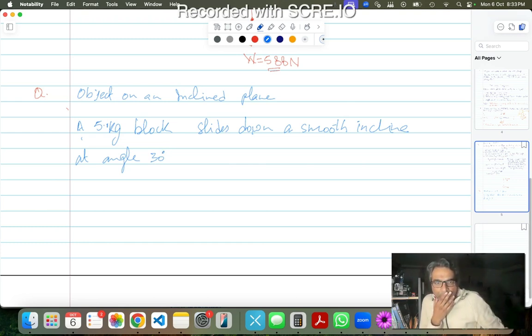So now let's do something which we haven't done before. I'm drawing an incline slope. So let's say this is an incline slope, right? Okay.